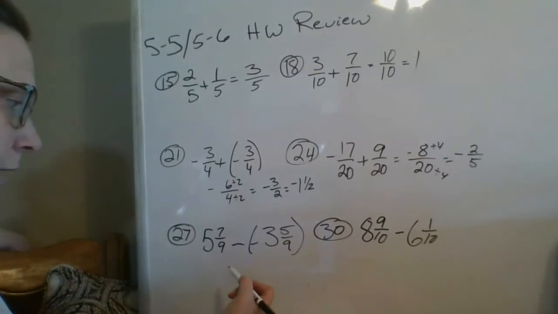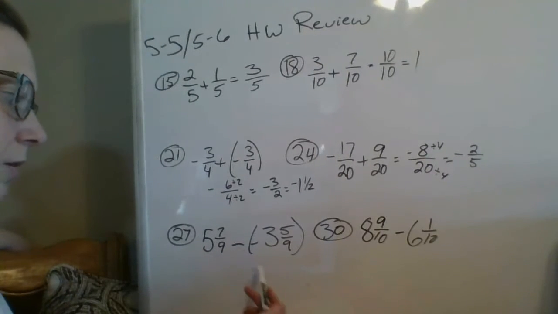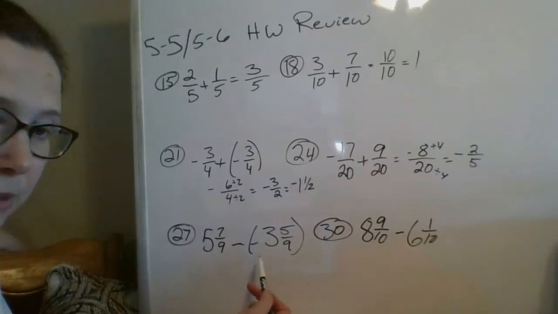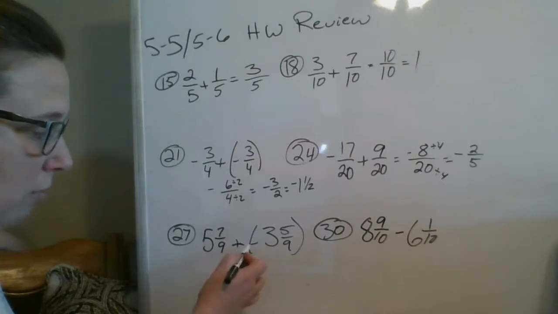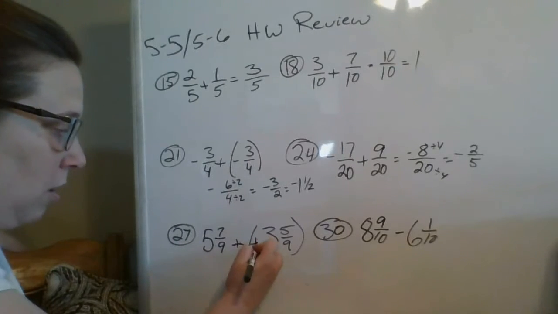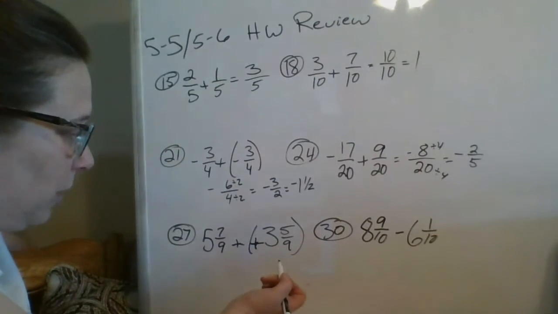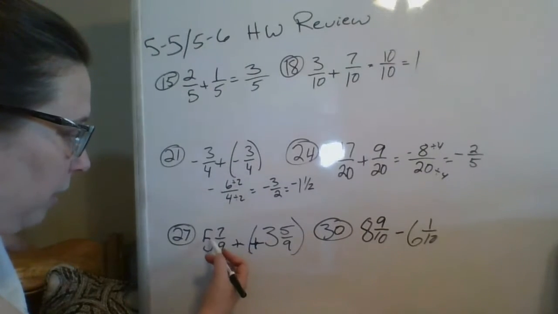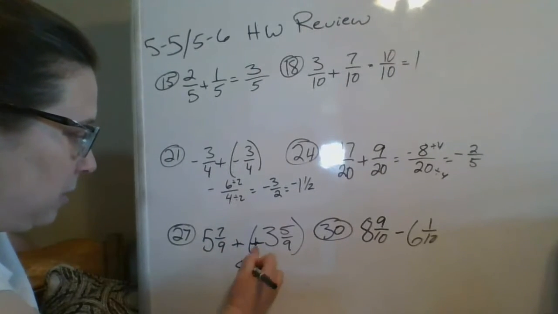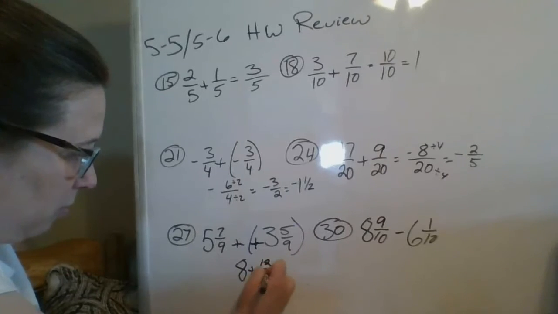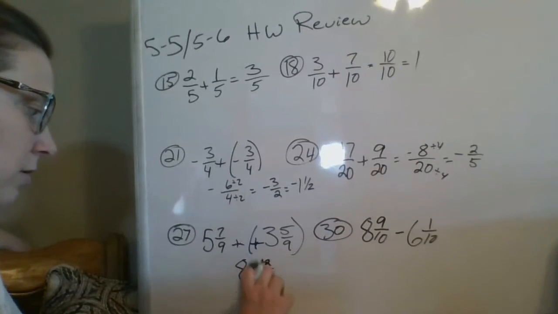Number 27, let's see. Okay, so to start, subtraction problem, but it's minus a negative. So it's that double negative situation that really it just becomes that we're adding a positive number. So we can do that and say, all right, well, 5 plus 3 is 8. 7 plus 5 is 12. And then we have ninths.